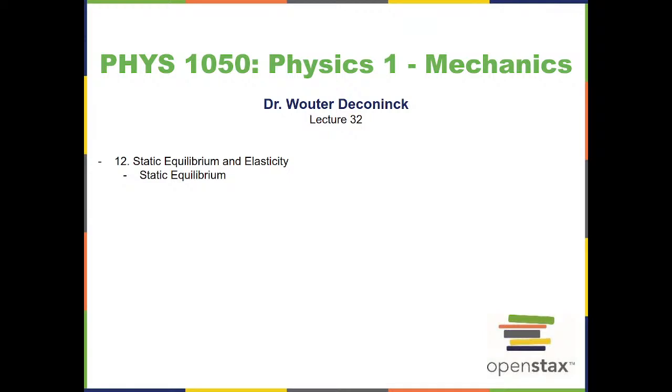Right. So we're going to continue today with discussion of static equilibrium, and then maybe, although unlikely, we'll get into elasticity and stress and strain. So we identified last time what the conditions are for static equilibrium, and that was two conditions.